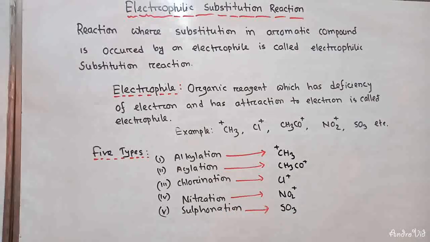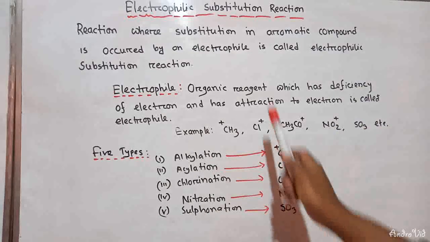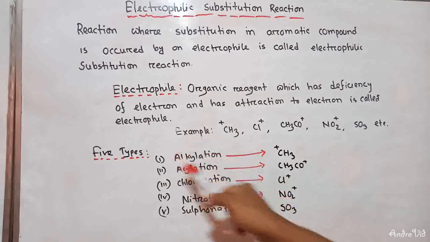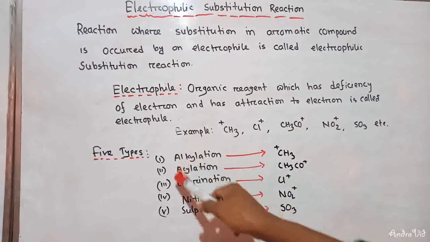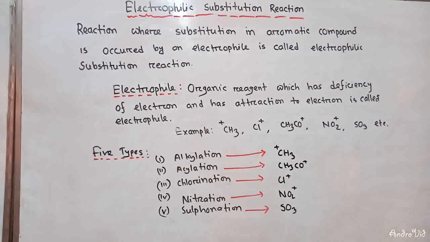The electrophile used in each case: for alkylation, methyl plus; for acylation, CH3CO plus; for chlorination, Cl plus; for nitration, nitronium ion; for sulfonation, SO3. These are the electrophiles used in the 5 types of electrophilic substitution reaction. So I hope you understand about electrophilic substitution reaction.